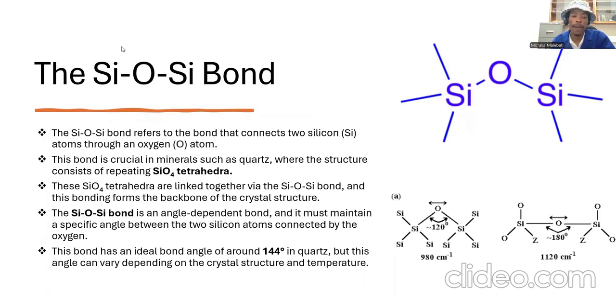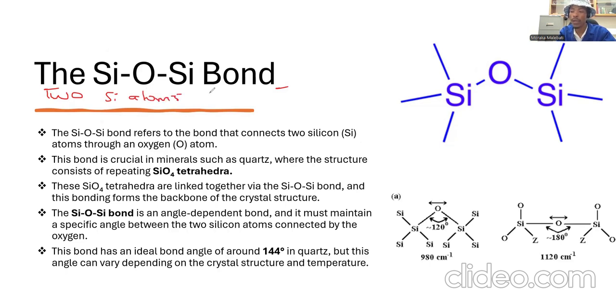As I've mentioned before, we've got this bond, which is very, very important. We always want to make sure that we maintain the ideal geometry. This bond connects the two Si, or silicon, atoms through oxygen.